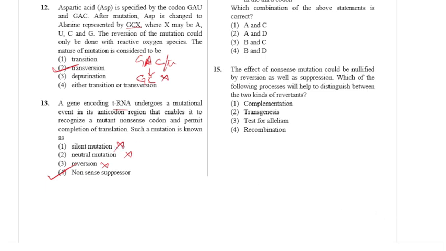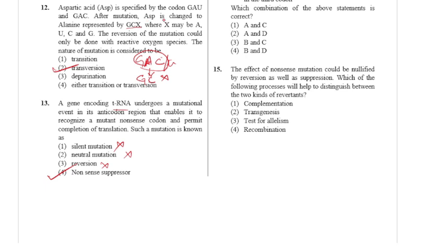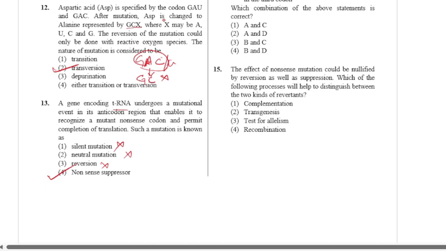In a silent mutation, the previous codon was GAC and the mutated one is GAU. Both code for aspartic acid, so these are silent mutations. A neutral mutation is a similar type of thing; silent and neutral mutations are very similar.